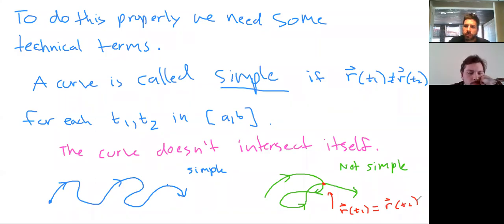Does anybody have a question about this? Okay, if you don't want to look at the scary math, that's great. You don't have to. Just think simple means it doesn't intersect itself. All right, so that's the first term we need.